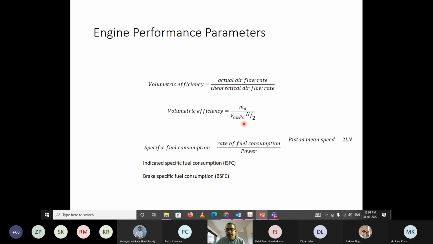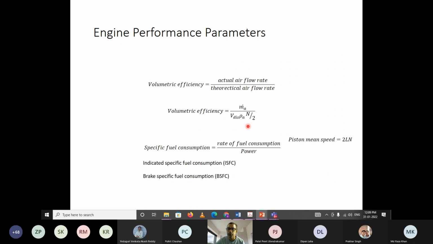It can be calculated as displacement volume times the density of the air, which gives the mass. To calculate the mass flow rate, we multiply by the engine RPM divided by 2, because we are considering a 4-stroke engine.